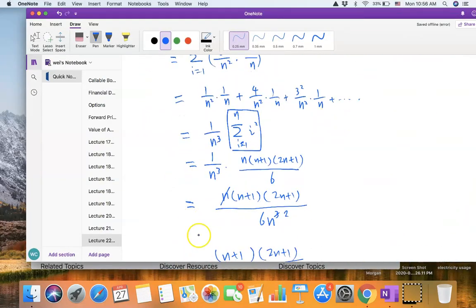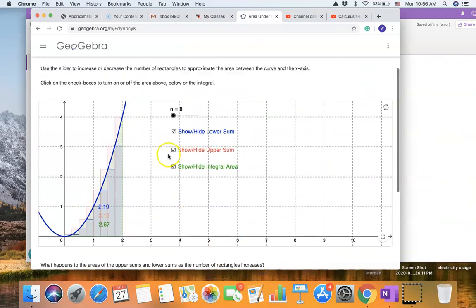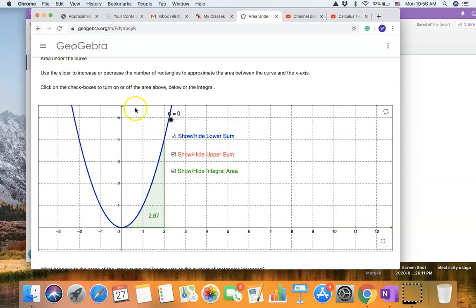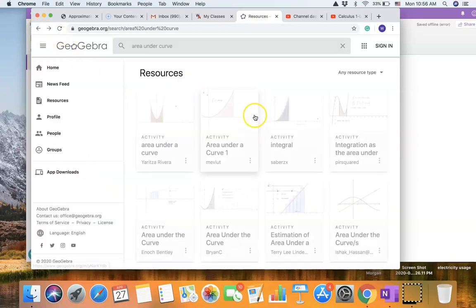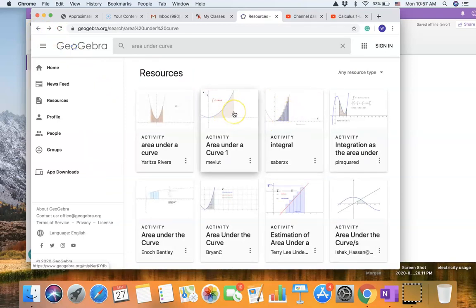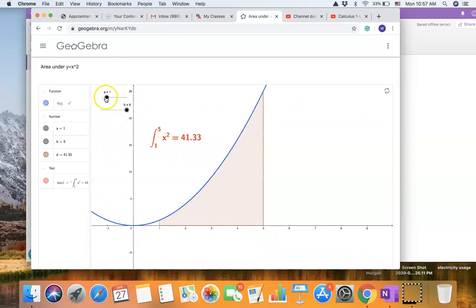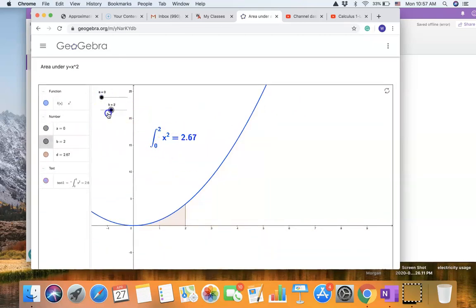So this is f of x equals x squared. Okay, let's look at this one.